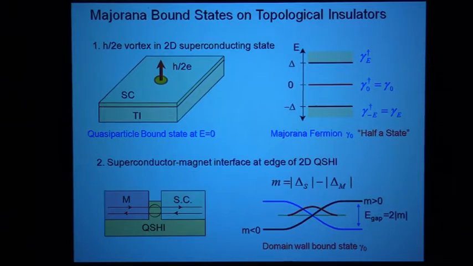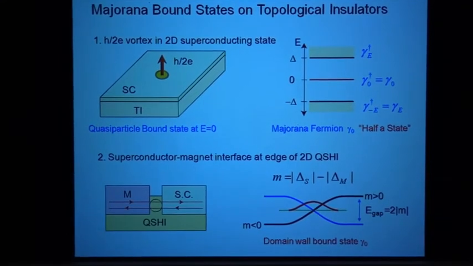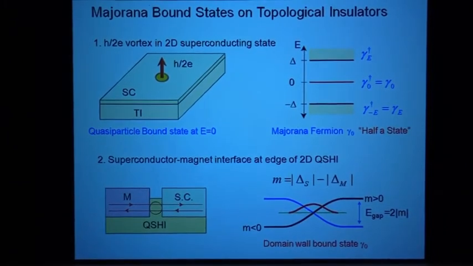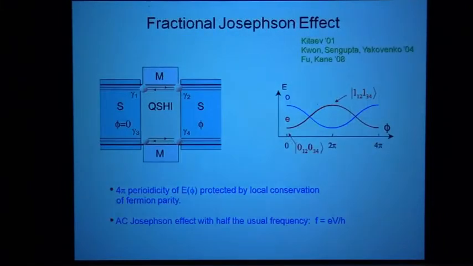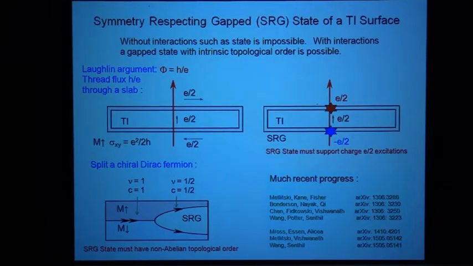And those domain walls are interesting because they bind a charge e over 2. It's sort of like the domain wall in the Su-Schrieffer-Heeger model. But that really is a spontaneous breaking of the symmetry. That's different than the kind of state that I'm trying to talk about here, where I'm really not spontaneously breaking the symmetry. I don't know how to do the analog of this in the 2 plus 1 dimensional case.